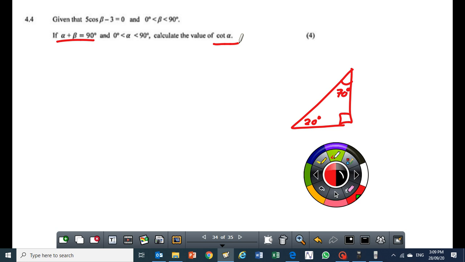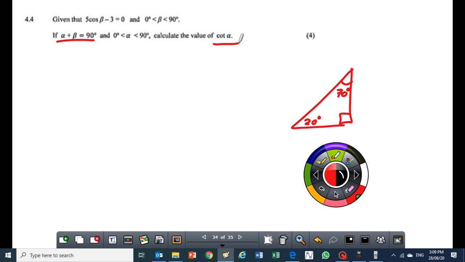So to carry on, we need to determine beta first using trig equations. Then we subtract beta from 90 degrees to get alpha, because all trig ratios are based on a right-angled triangle.